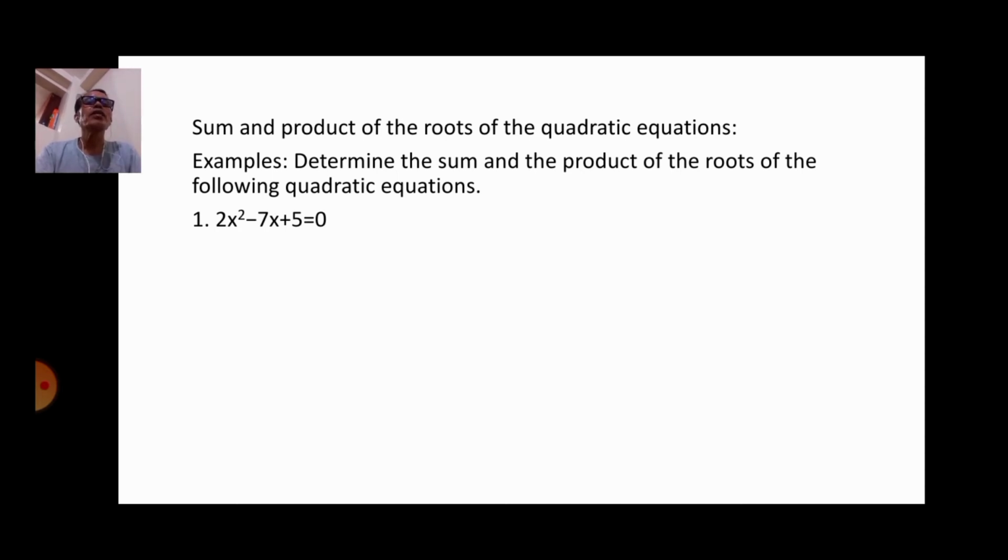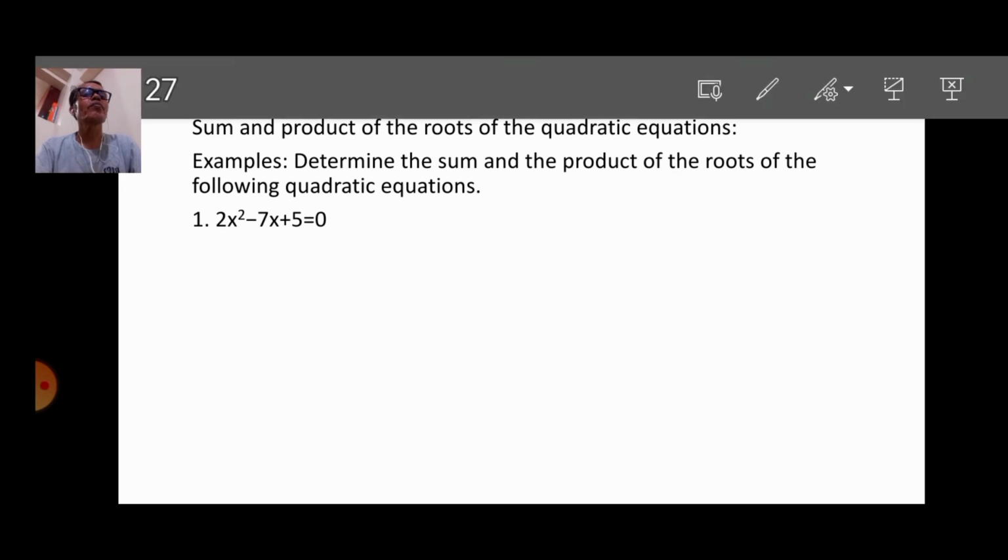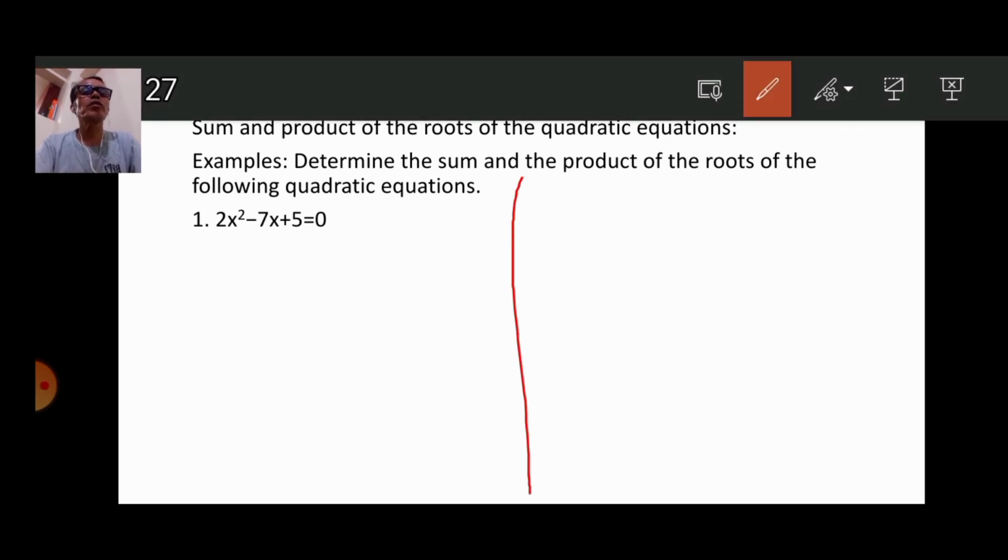In this topic, we are going to solve for the value of x using factoring, using the quadratic formula, or any method which is easiest for you to find the value of x, and we are only going to use the formula in checking, so that we would know that our answers are correct.